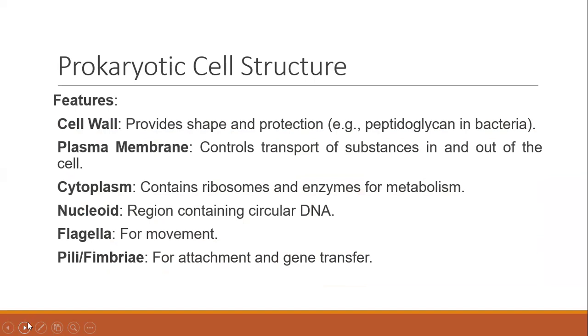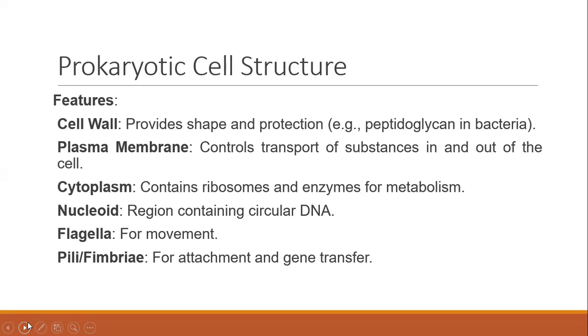Now, there are specific features that are found in the cell structure of a prokaryotic organism. Cell wall is found in the cell structure of a prokaryotic organism, and the cell wall provides shape and protection. Example is a peptidoglycan found in bacterial cell wall, a plasma membrane that controls the transport of substances in and out of the cell.